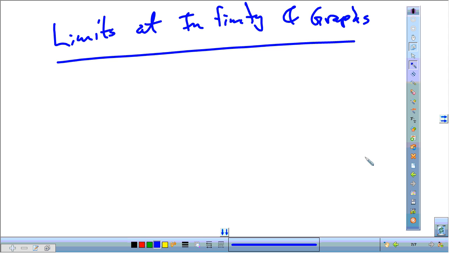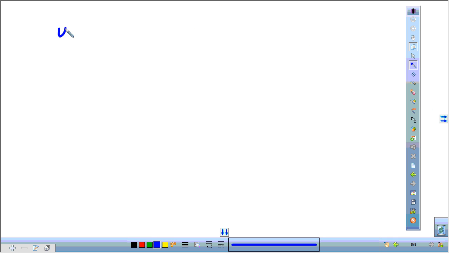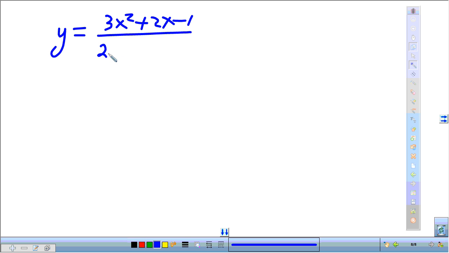So now, if we take limits at infinity and see how that relates to the graph of a function, let's consider y equals (3x squared plus 2x minus 1) over (2x squared minus 5).